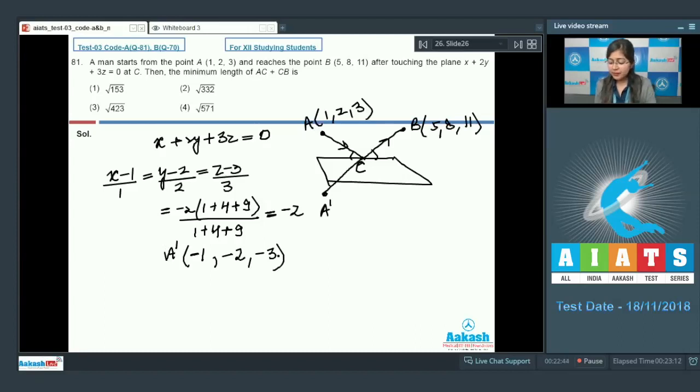Now we have to find the minimum length of AC + CB, which will be equivalent to finding the length of A dash C + CB, because A dash C will be equal to AC, right?